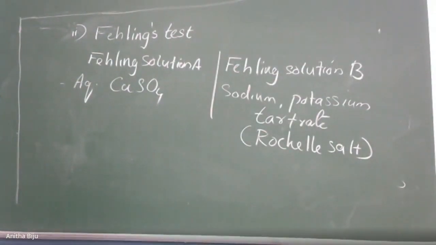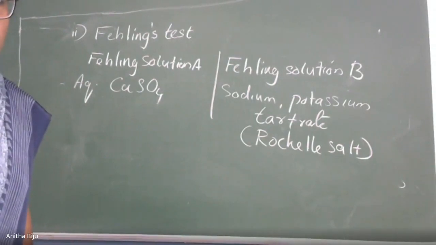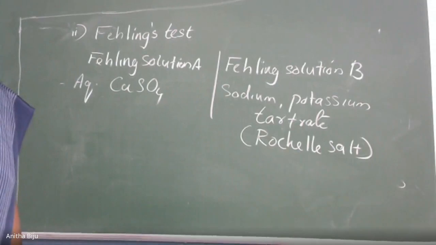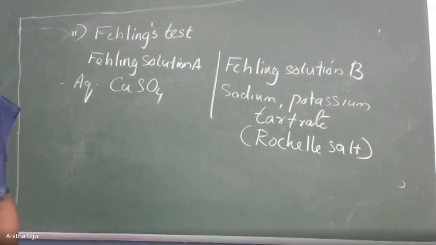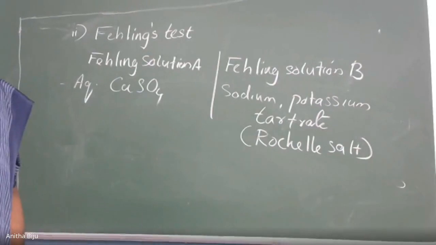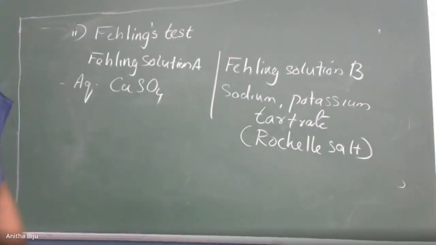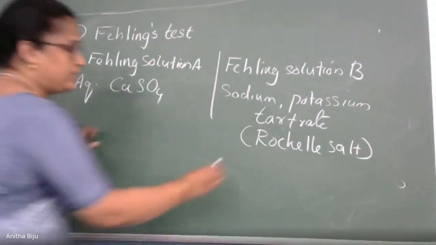Okay, so Rochelle salt means what? Rochelle salt is sodium potassium tartrate. Understood? Now, second, we will discuss what is the color of Fehling solution B. Fehling solution B is colorless.